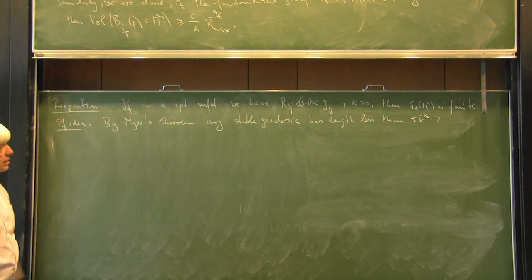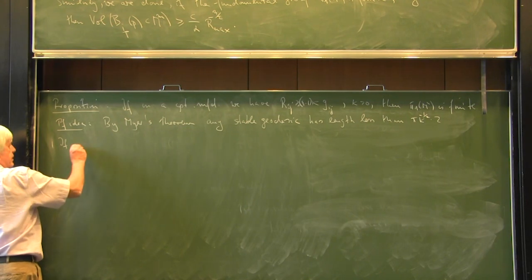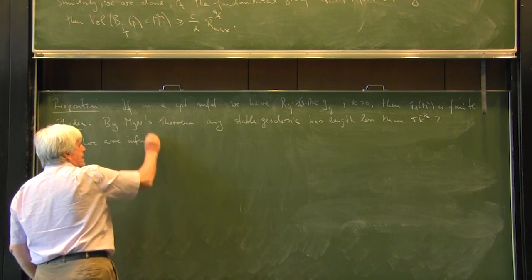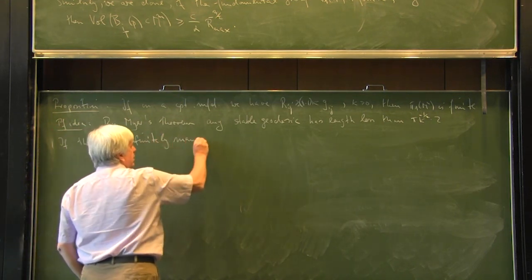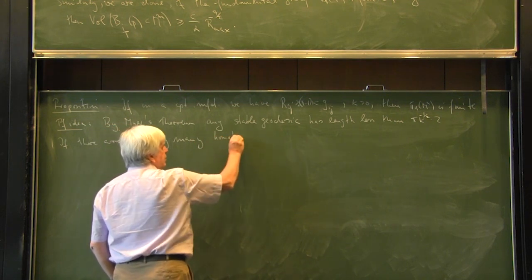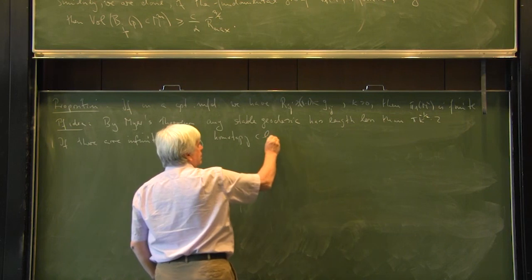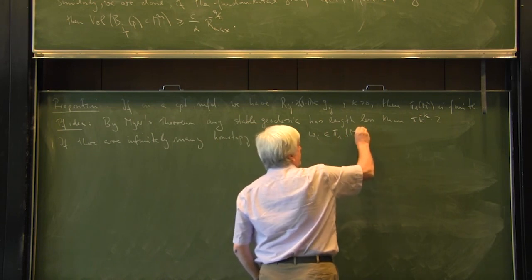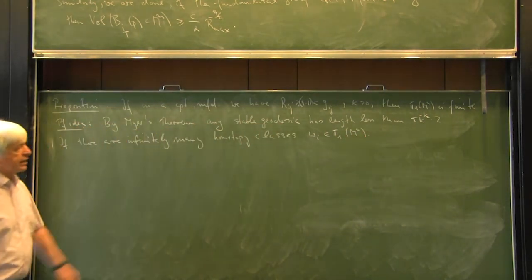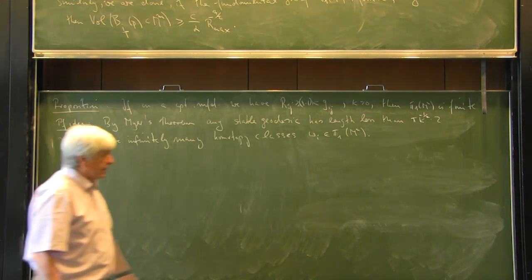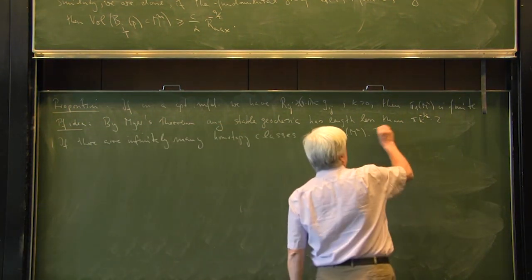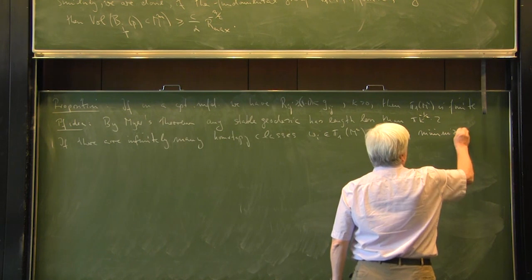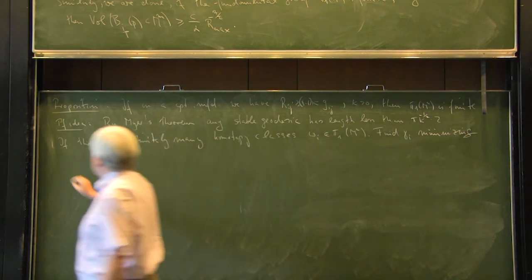So if there are infinitely many homotopy classes omega I in pi 1 of Mn, you can find a minimizing geodesic in each one of them. Find gamma I, a minimizing geodesic.